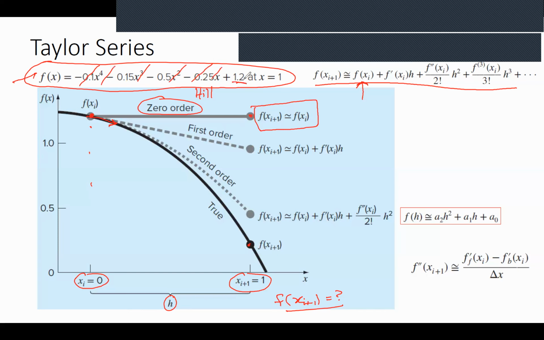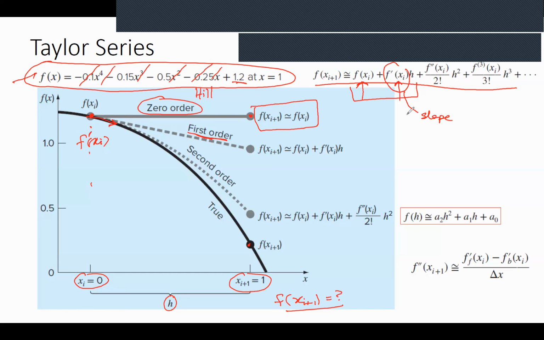Okay, next I can include the next term and take two terms here, which is the first order approximation, which means that I have to calculate the slope here. Okay, f prime of xi. So I have to find the derivative of f(x) at xi.